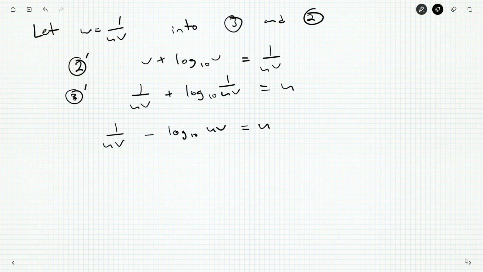And so maybe I have to multiply these expressions. I'm not entirely sure what I want to do. Multiply both equations by uv. I don't see that going anywhere either.